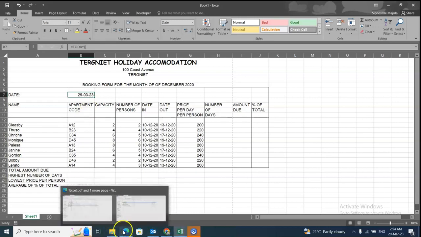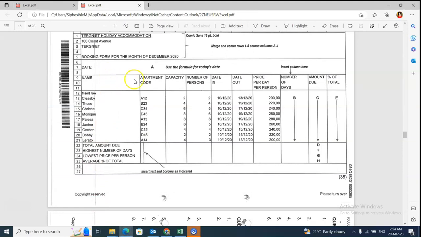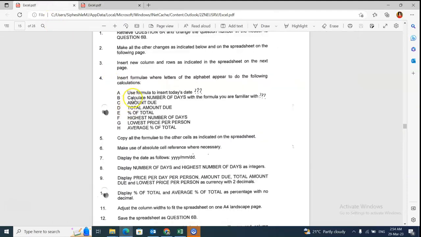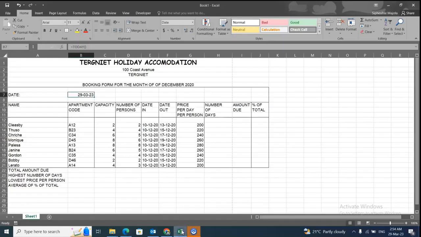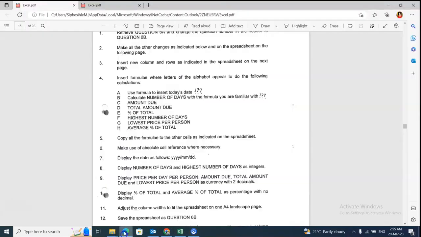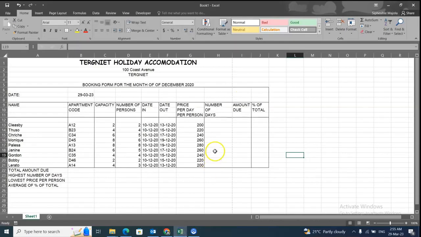So now the instruction continues to say, B, they want us to calculate the number of days with the formula you are familiar with. So they're not specific as to which formula we should use. They want us to use whichever formula that we are familiar with. Okay, so they want us to calculate the number of days, and there are two ways of doing this. There's a shorter way, there's a longer way.